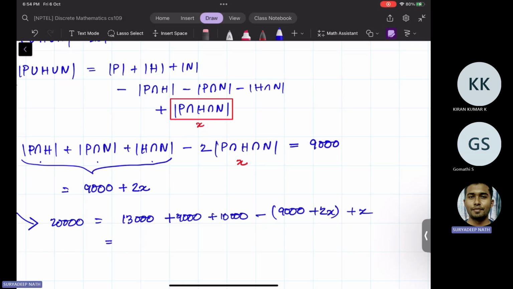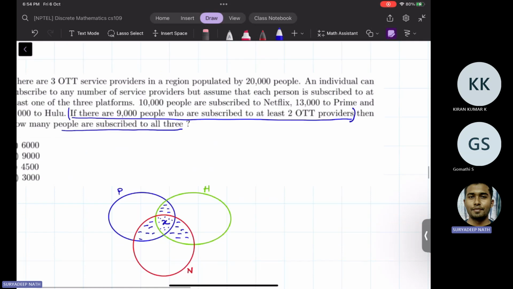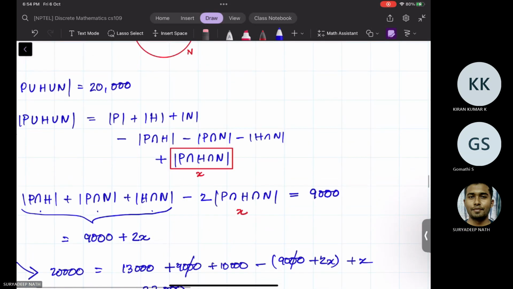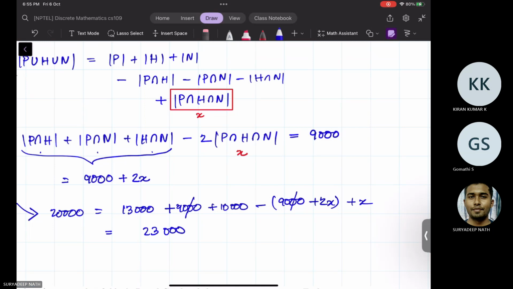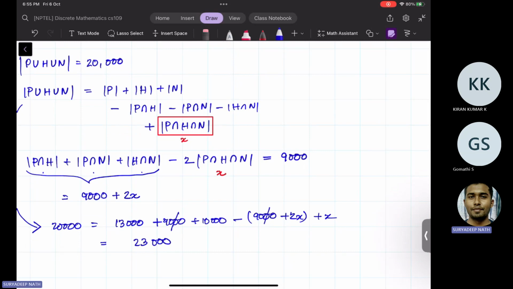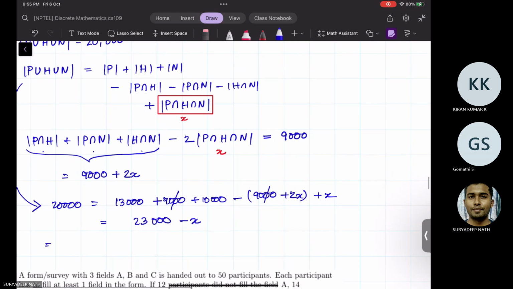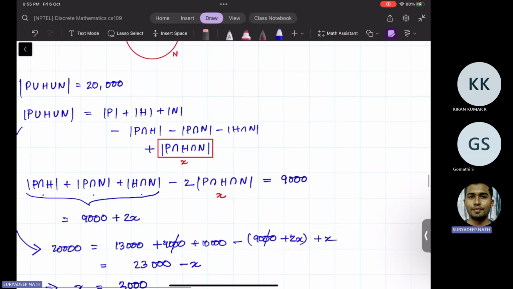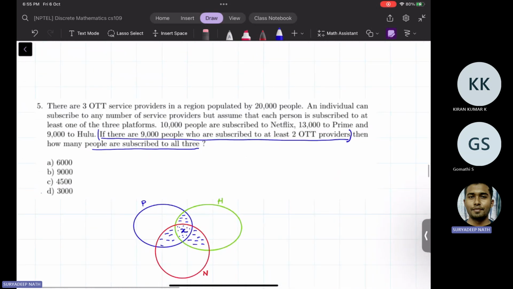So this 9,000 and this 9,000 cancel. So it's 23,000 minus x. So x equals 3000. Therefore the right answer is option D.